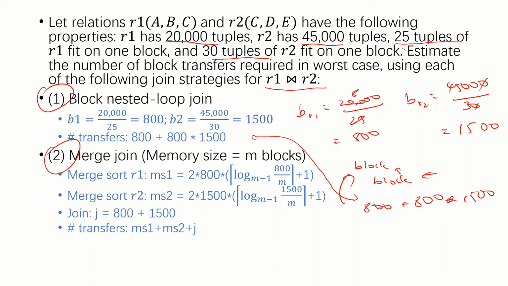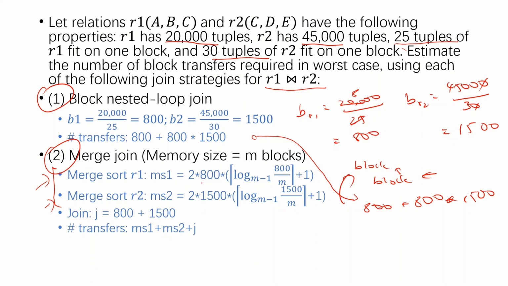Okay, let's look at what will happen if we use the merge sort. In the merge join, the first part is the cost of carrying out the external merge sort. We need to do the external merge sort for both relation 1 and relation 2. So let us try to do this together.